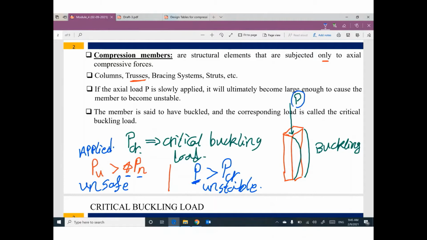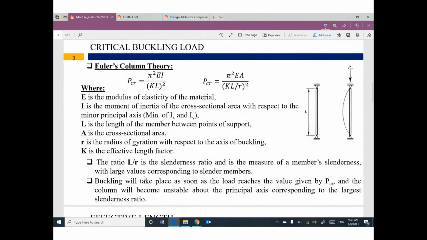Because if the applied load is greater than the buckling load, that means this member is unstable, not unsafe, it's unstable.